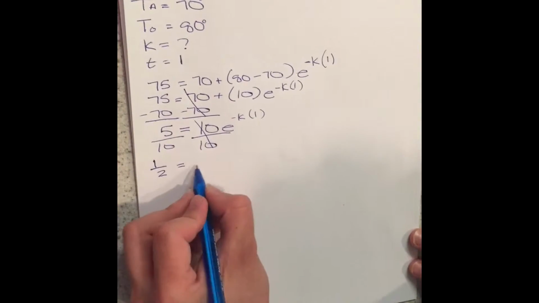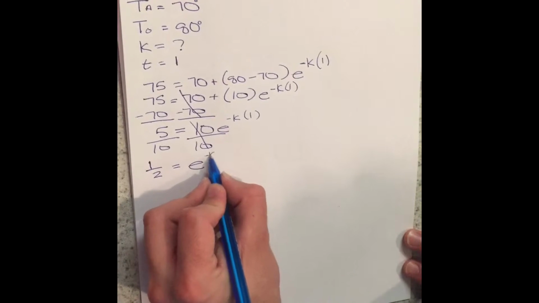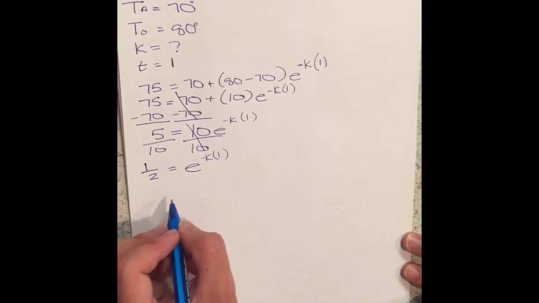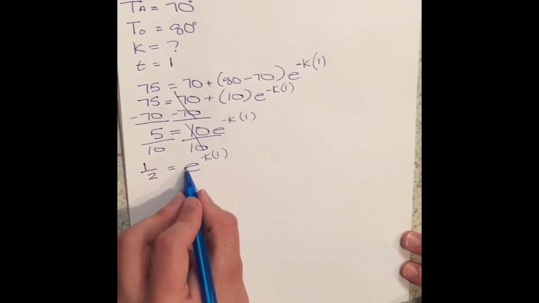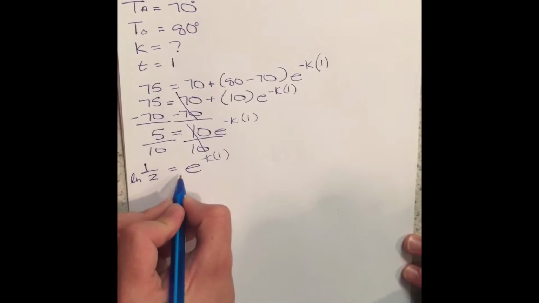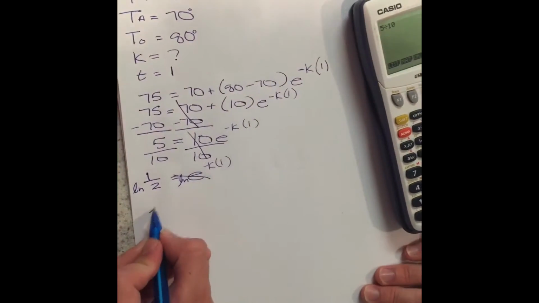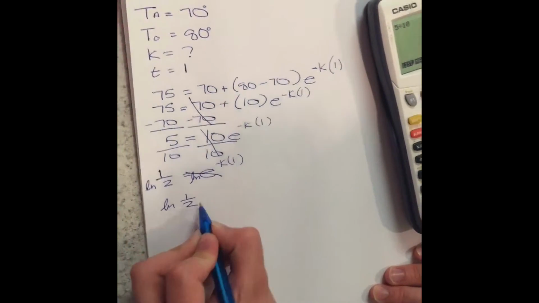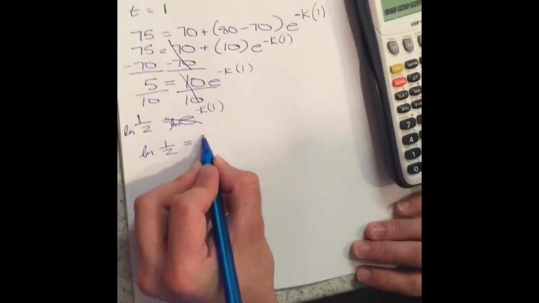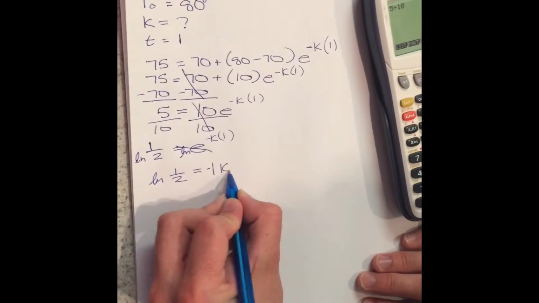Equals, that cancels, e to the negative k, 1. So in order to get rid of this e, we're going to throw in a natural log, which cancels that out. So then you're left with natural log 1/2 equals negative 1 k.